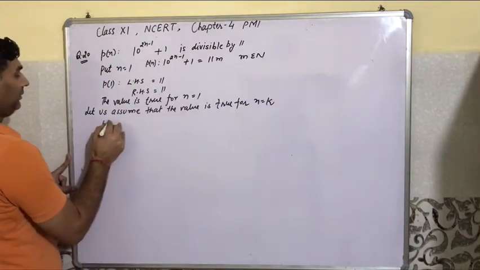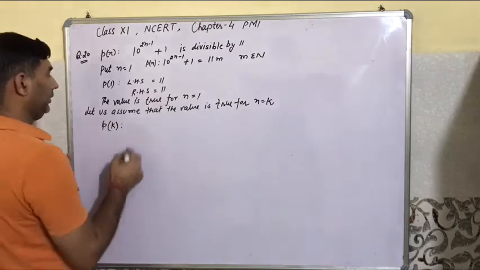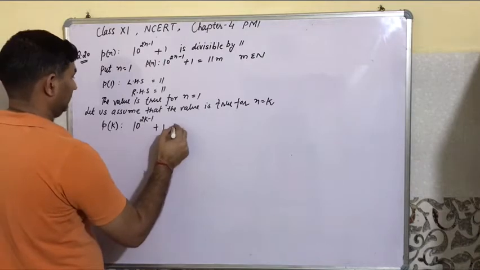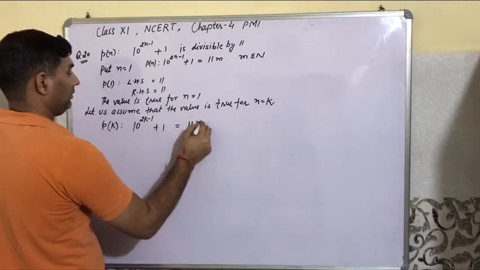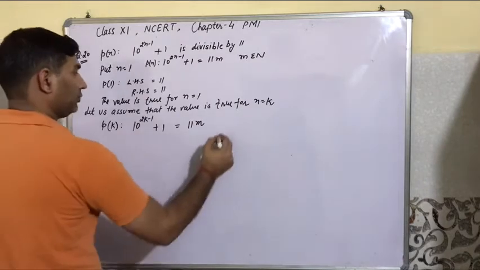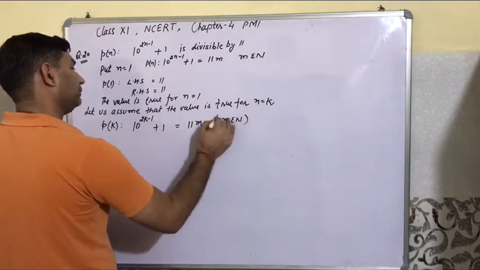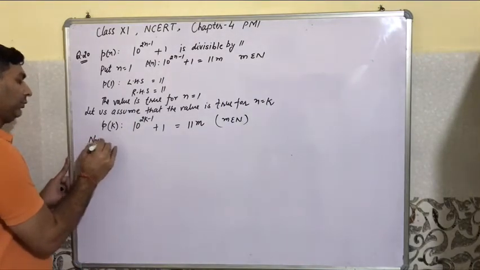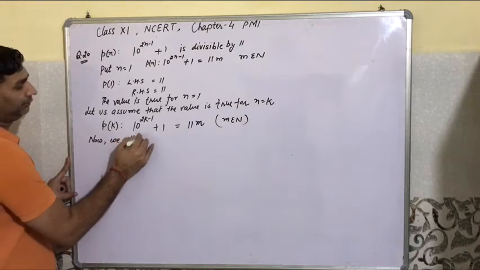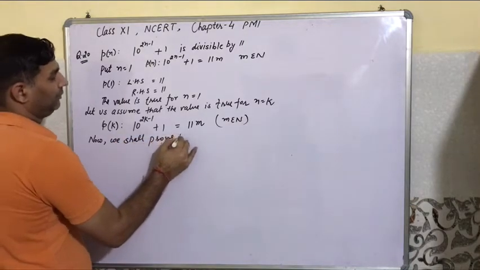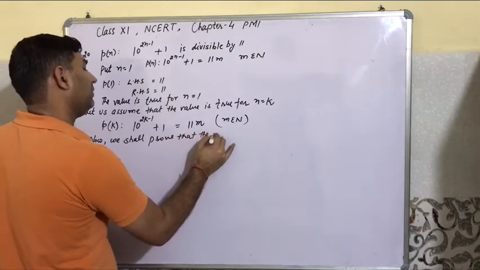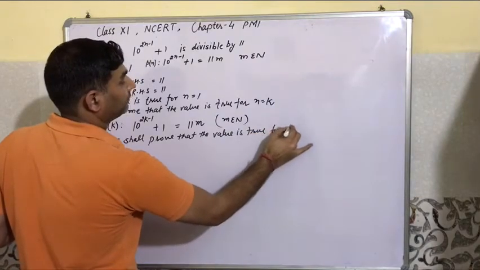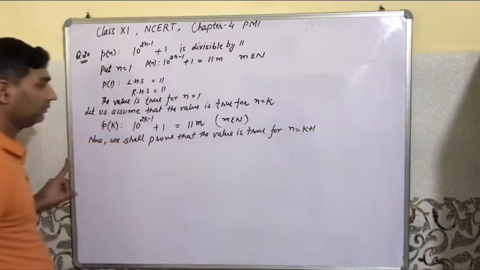Then P of k: 10 raised to power 2k minus 1 plus 1 is equal to 11m, where m belongs to N. Now we shall prove that the value is true for n is equal to k plus 1.